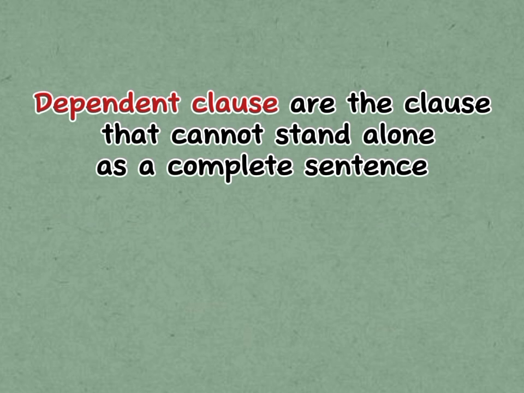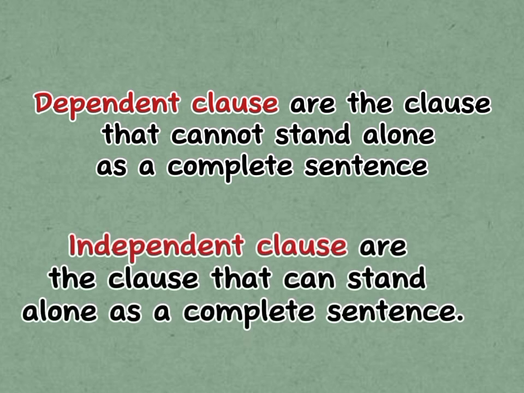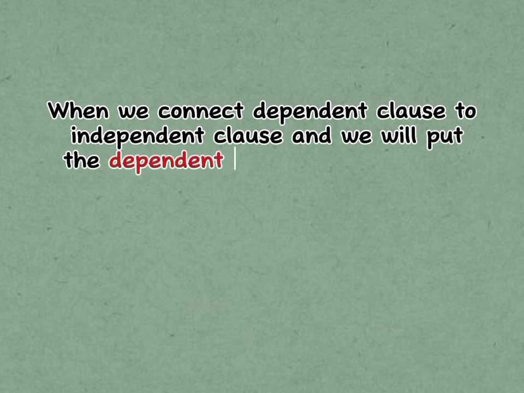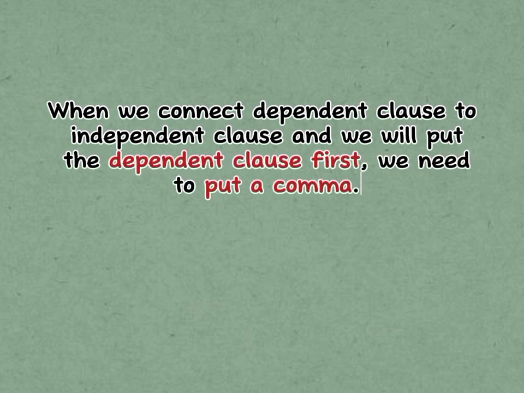Again, dependent clauses are clauses that cannot stand alone as a complete sentence, while independent clauses are clauses that can stand alone as a complete sentence. Back to our main topic. When we connect a dependent clause to an independent clause and we put the dependent clause first, we need to put a comma.